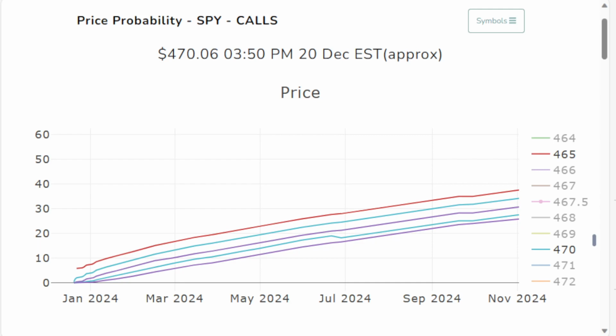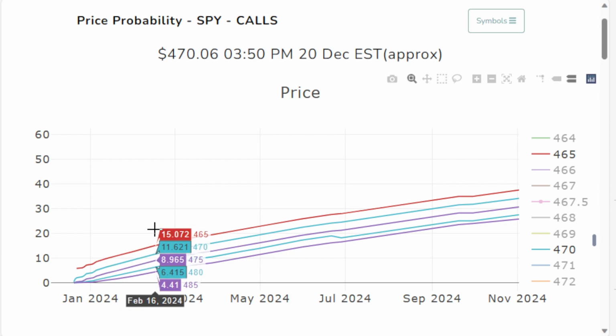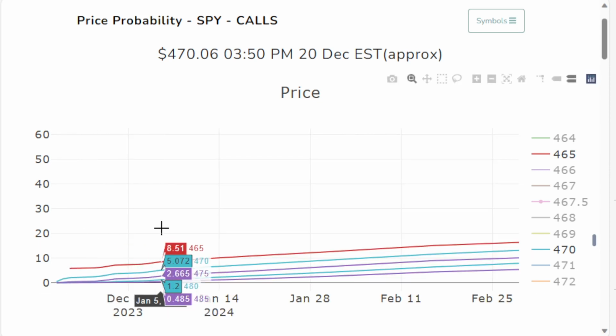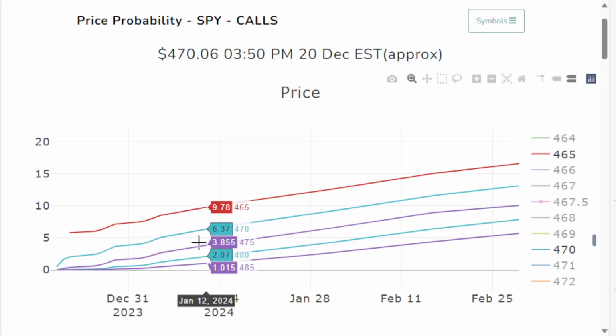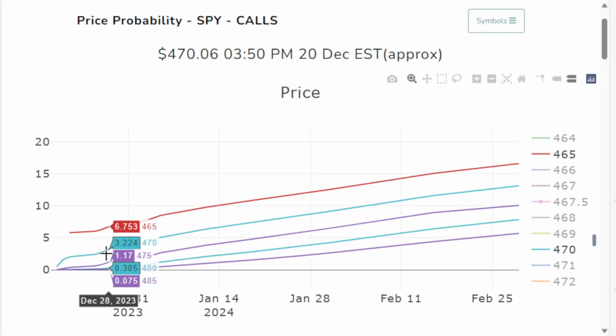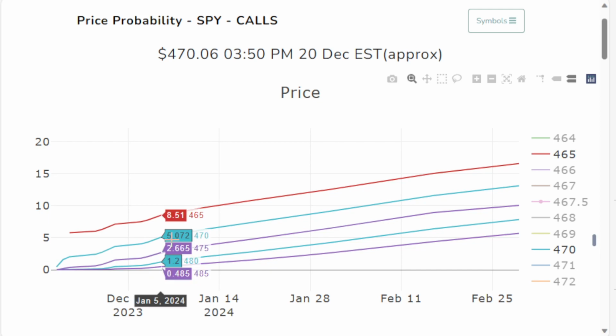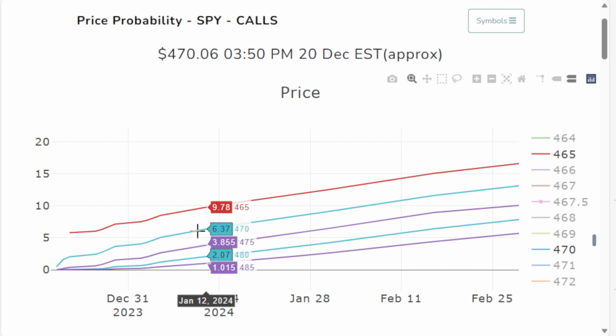As we can see, 1 to 2 weeks out, our 470 strike is, say, $500 to $600 per contract. These options are a lot cheaper than, say, 6 months out.